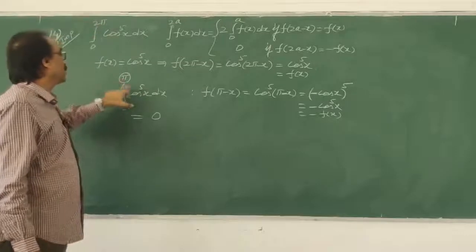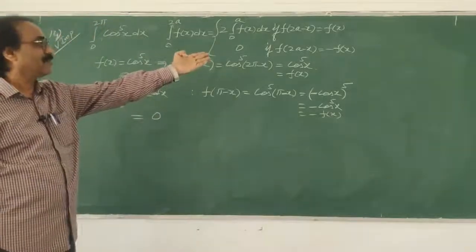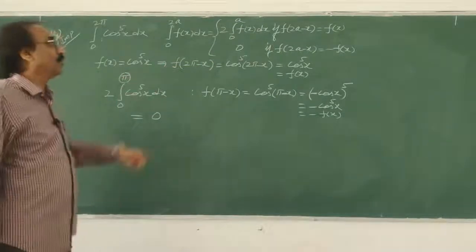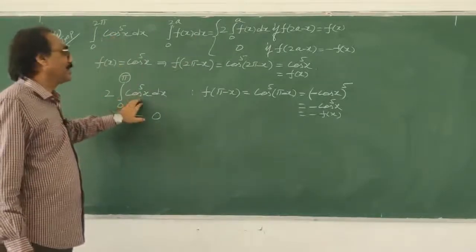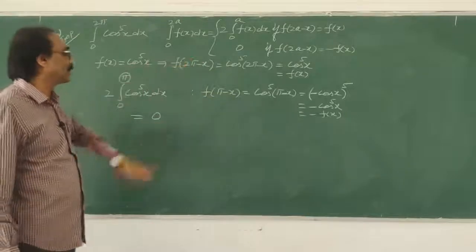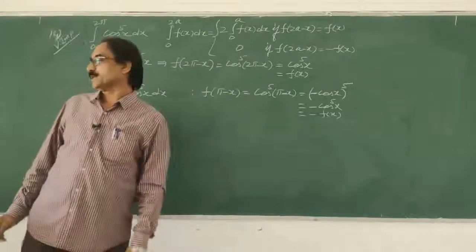In the limit 0 to pi, cos power 5x is an odd function. That's why 0. Odd function means f of 2a minus x is equal to minus f of x. That is the meaning. f of 2a minus x is f of x in this. f of 2a minus x is minus f of x in this. If that is the case, what is the value? 0. That's why this is also one of the important problems.